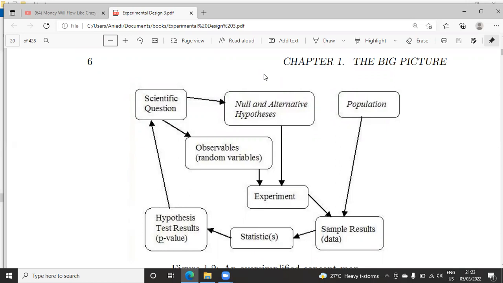These things must be part of your design. After that, once you are able to get that, that is what we call experimental units.